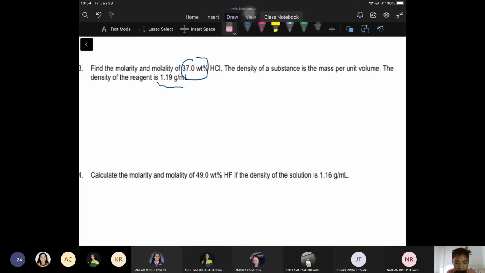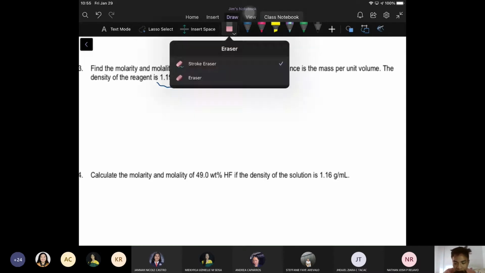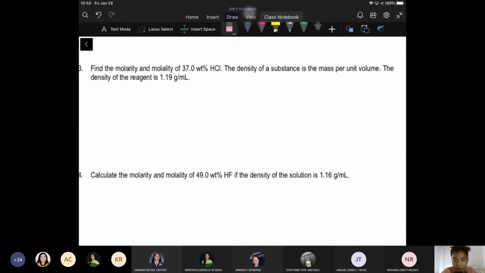So again, ang gagawin kapag ganito yung question, you're going to convert one concentration unit to the other. Okay? So analyze natin ano meron sa percent weight at sa molarity at para saan yung density. So yung percent weight, this is the mass solute divided by mass solution.